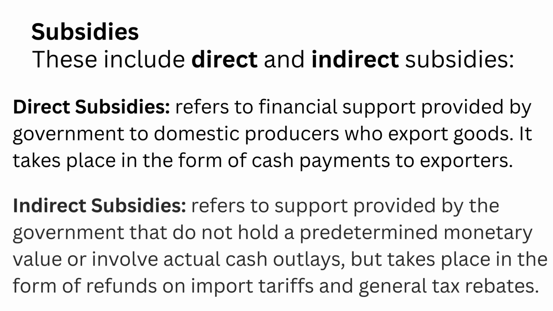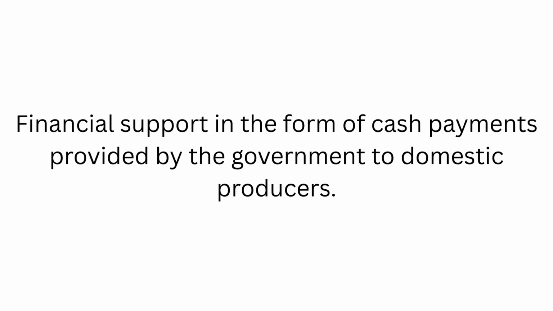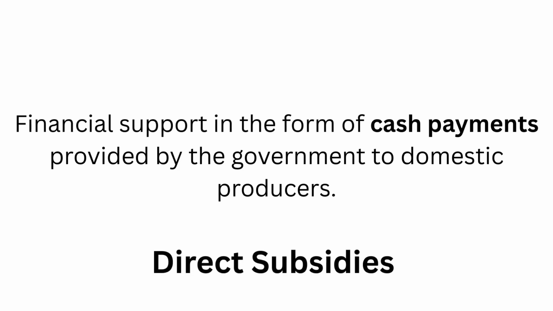Then we have the indirect subsidies, which refers to the support provided by the government that does not hold a predetermined monetary value or involve actual cash outlays, but it takes place in the form of refunds on import tariffs and general tax rebates. So now the statement says financial support in the form of cash payments provided by the government to domestic producers. Cash payments, which is why we say it's direct subsidies.